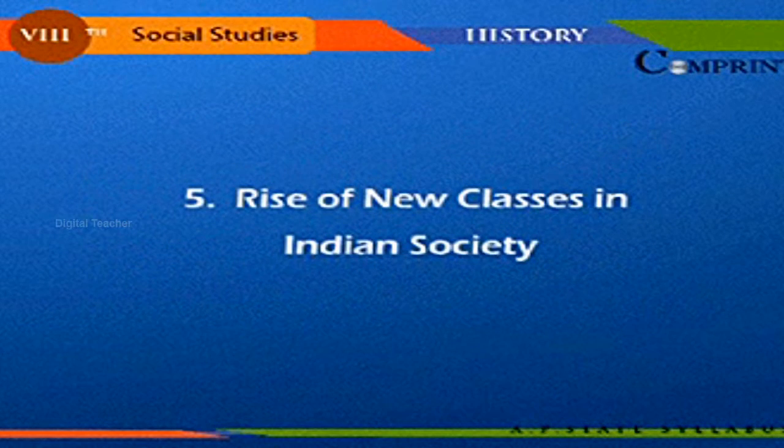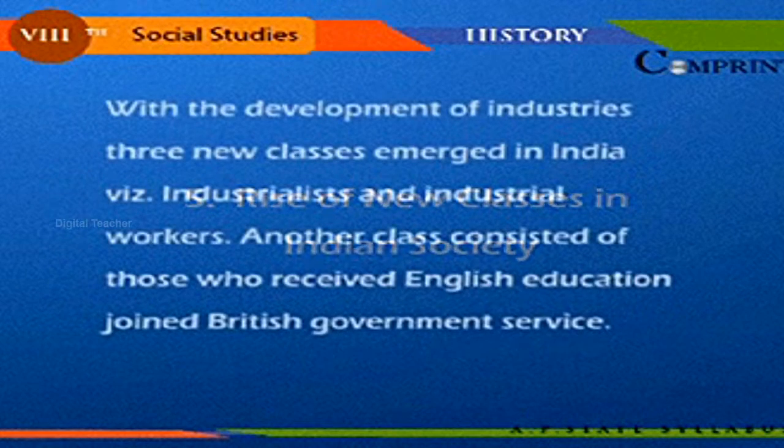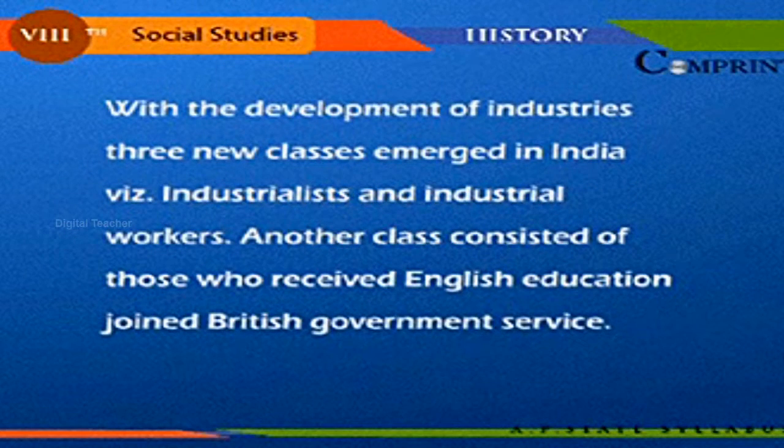Rise of new classes in Indian society. With the development of industries, three new classes emerged in India: industrialists and industrial workers. Another class consisted of those who received English education and joined British government service.